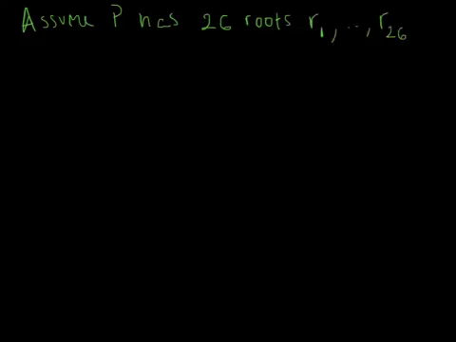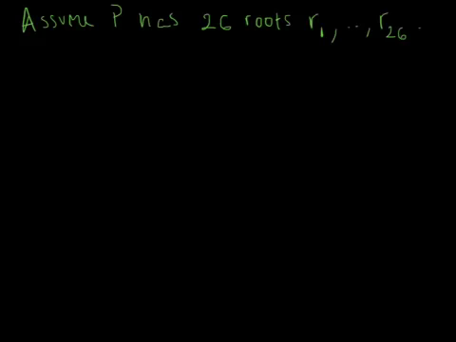We're going to assume that p has 26 roots. And we're going to list them out. It's going to be r1 up through r sub 26.